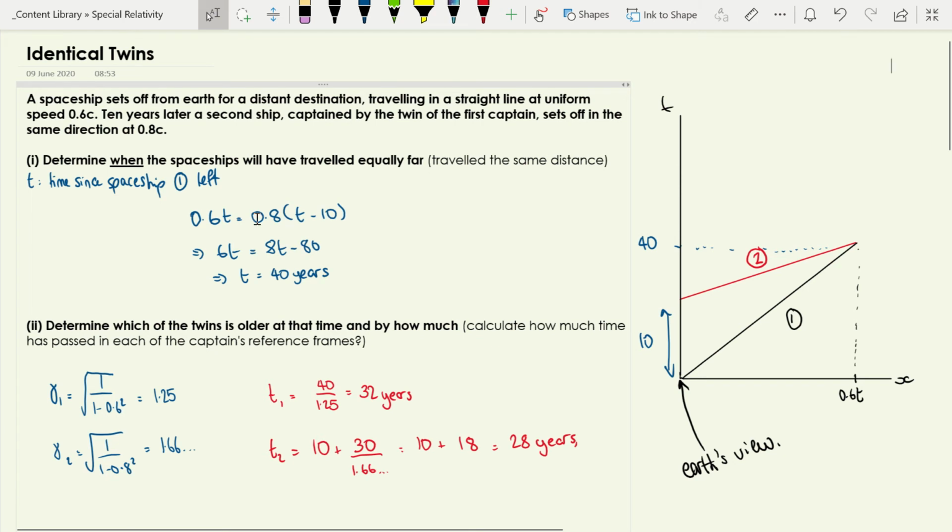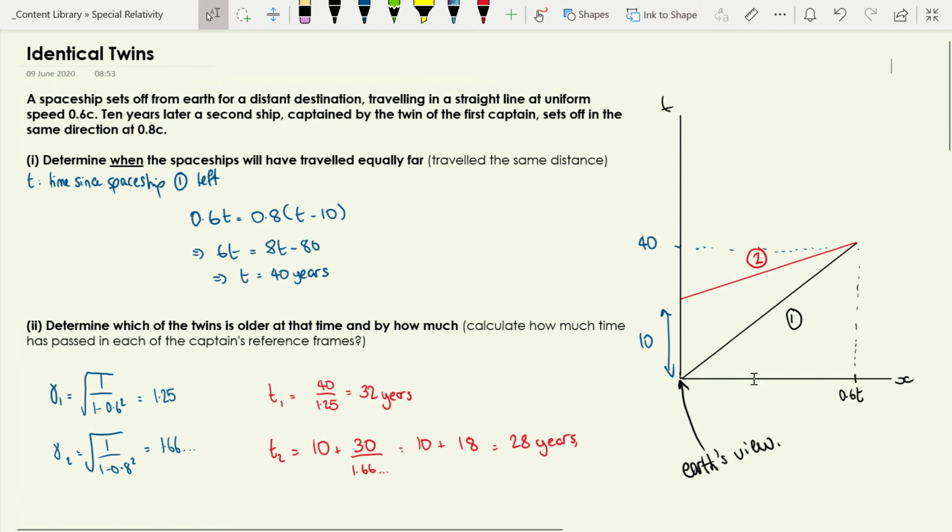But anyway, we've got 0.8, but we're doing (t - 10) because Captain 2 travels for 10 years less than Captain 1 does. Then all we have to do is rearrange our expression and solve for t. So the two ships are going to be at the same location in space 40 years after Captain 1 leaves.